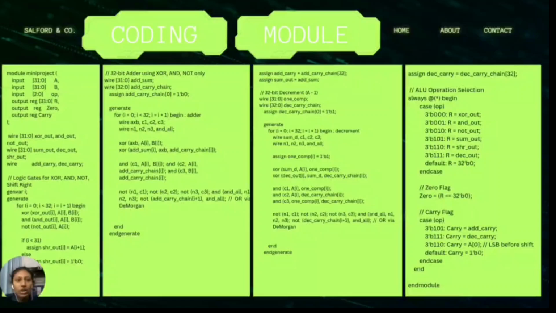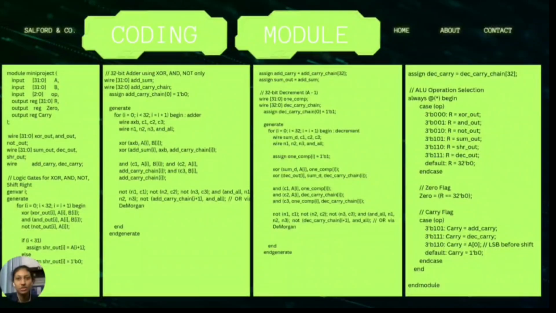And then AND all is actually where this ends with this, which N1 ends with C1, and then N2 ends with C2, and N3 ends with C3. So that's how AND all is about. And this part of the coding is to calculate the sum, and then this part of the coding is to calculate the carry, and this one is the implementation of OR using De Morgan. So we end the coding part here.